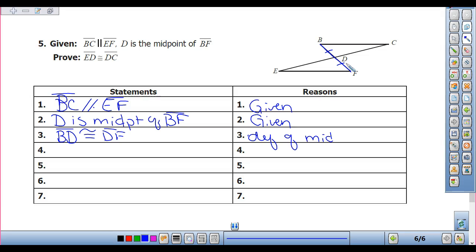We could use vertical angles. So what are my vertical angles? Angle BDC is congruent to angle EDF. Vertical angles, so I can mark that. What else? We've got to do something with that first given.